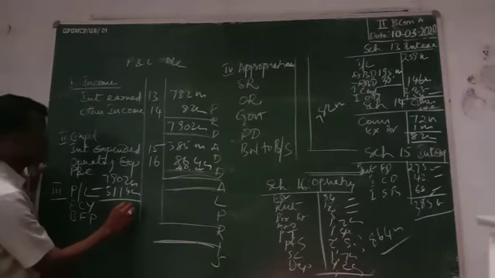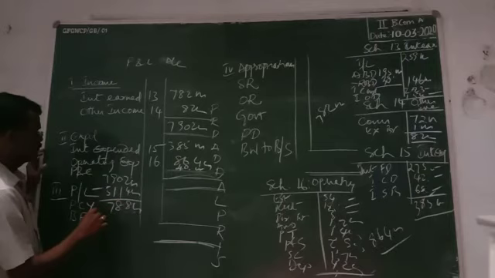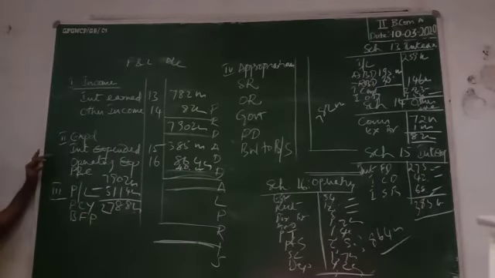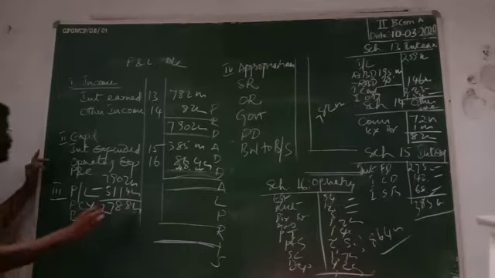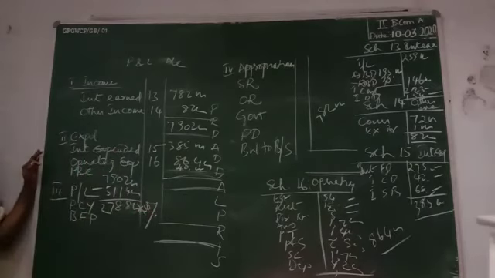So the difference amount is 2,78,800. So you should provide provision for taxation at 50%.